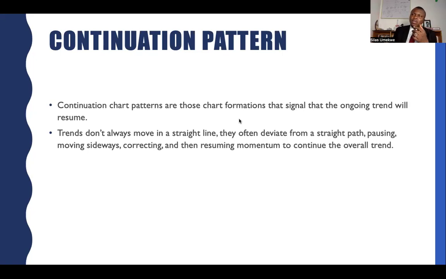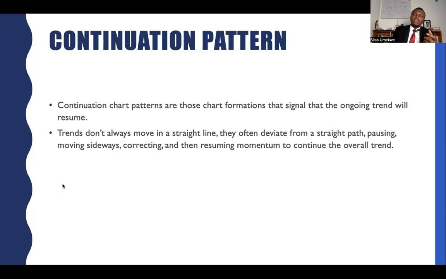So you just open your chart, but because you are using a smaller time frame, maybe 5 minutes or 15 minutes, you can see that the market is falling. You will quickly jump to the conclusion, let me just take a sell now, not knowing that the major trend is a buy. This is what all of these things mean. The trend will not always move in a straight line. Sometimes it will deviate, pause, move sideways, correct, then resume the overall trend.